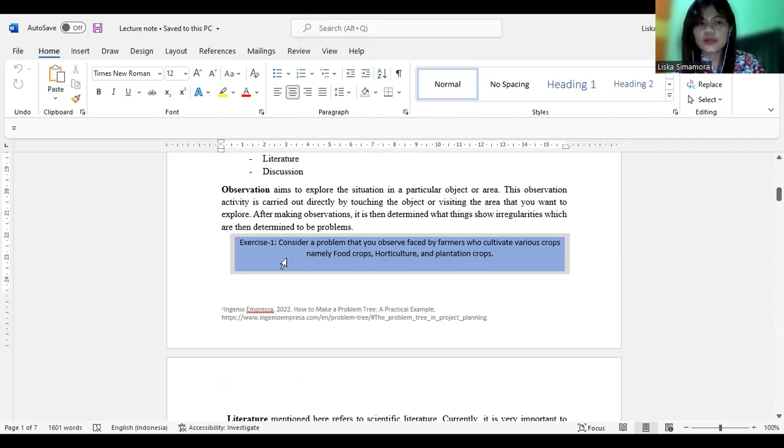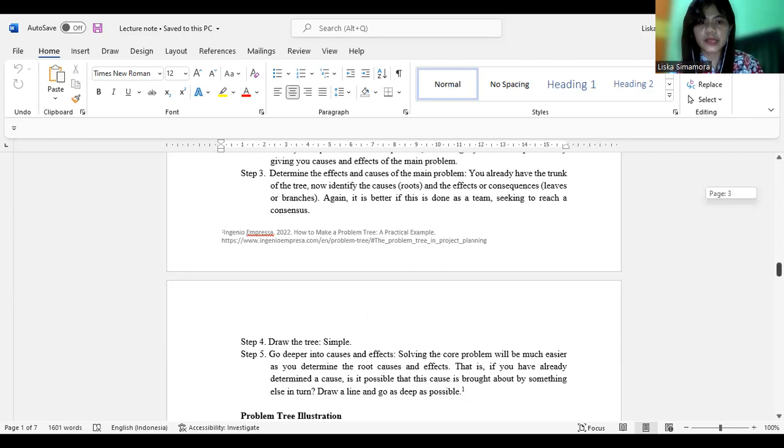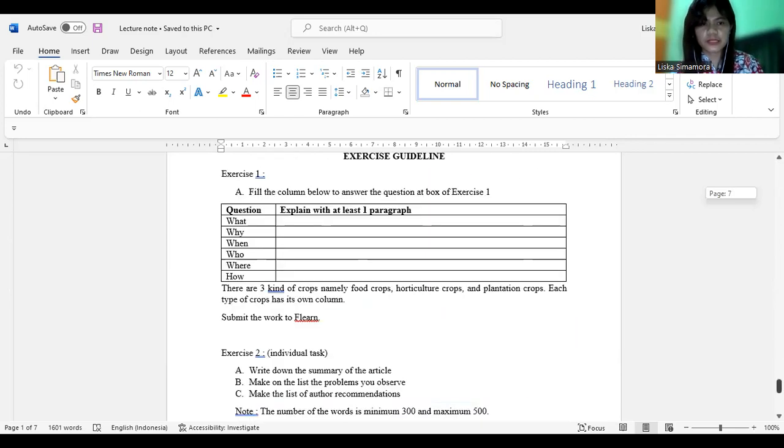What is the question of exercise 1? The question is: consider a problem that you observe faced by farmers who cultivate various crops, namely food crops, horticulture, and plantation crops. In this part, you can fill in the table to answer exercise 1. Where is the table? The table is on the last page, if I'm not mistaken.